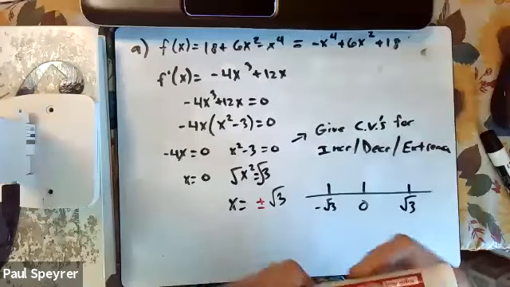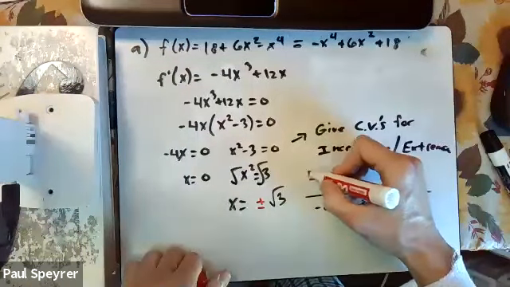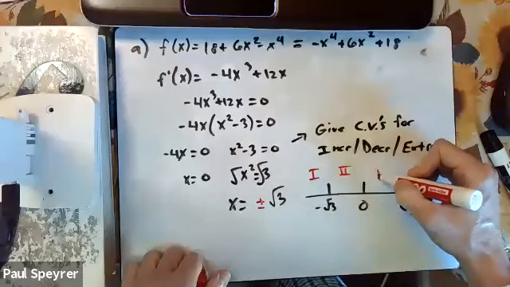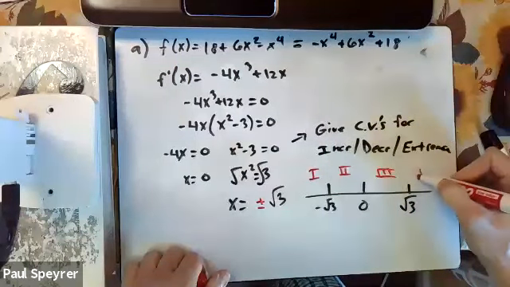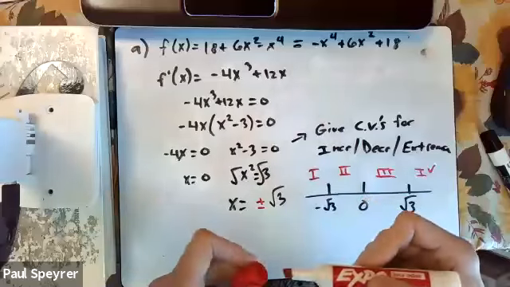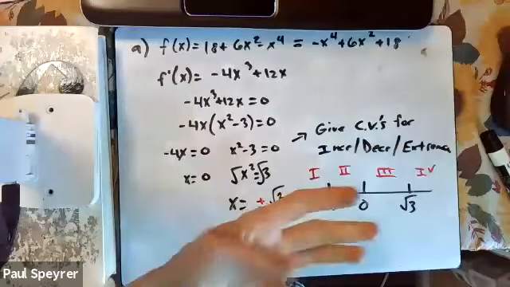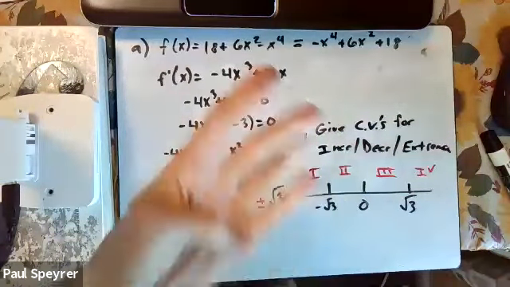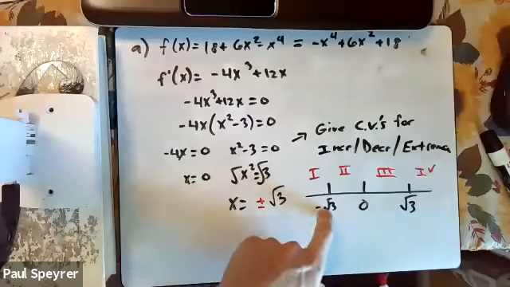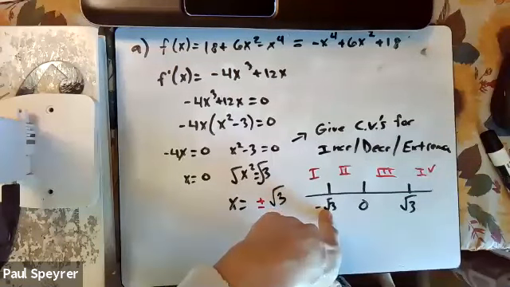And now we have 4 regions, right? 1, 2, 3, and 4. So we have to test 4 different values, right? So something less than negative root 3. Remember, root 3 is like 1.71.